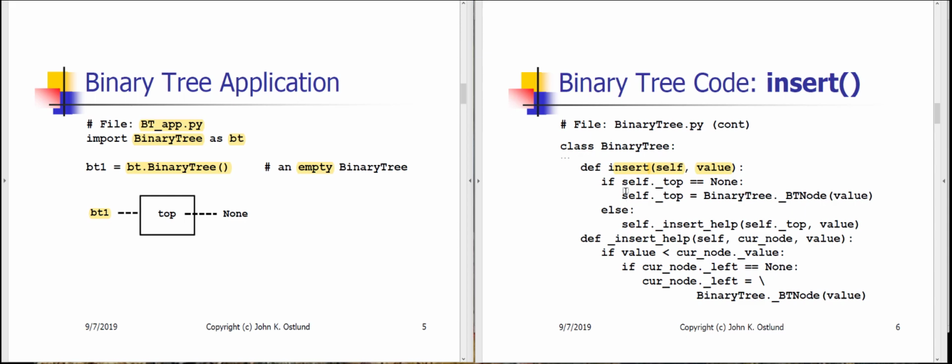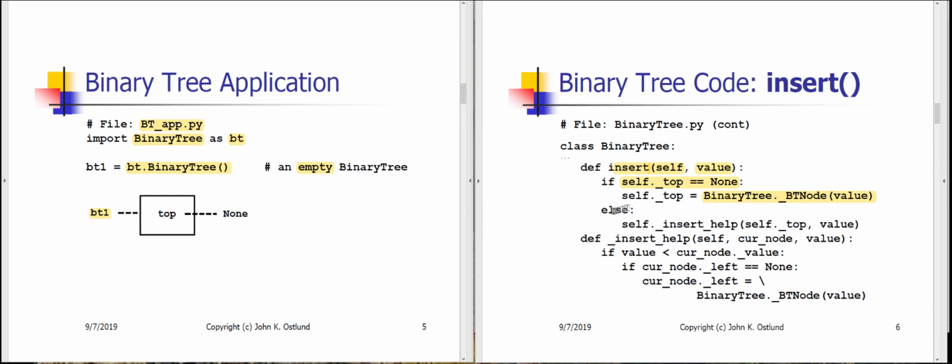One case is where the tree is empty. That is the case where self._top is none. If the tree is empty, then we simply want to create a binary tree node containing our value, and we want to modify the binary tree's _top instance variable to refer to that newly allocated BT node object.